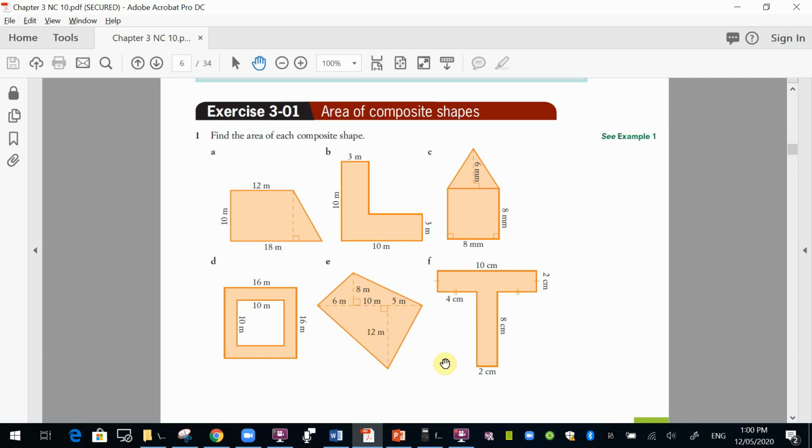So for shapes that have bits added, you find the area of each bit and then add them up. This one we take away. So a square on the outside first, you find the area of the outside shape. And this is a square 16 by 16. Then you take away from that the area of the inside shape.